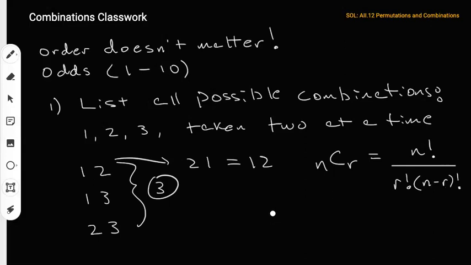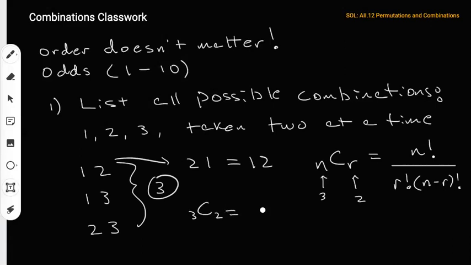So if we were to plug in the numbers that we need, we know that the total number is going to be n. How many numbers do we have? 3, right? How many can we choose? That's going to be our r number. We can choose 2 at a time, so r is going to be 2. And now we just have to plug n and r into this formula.